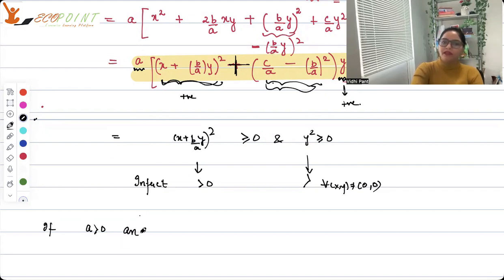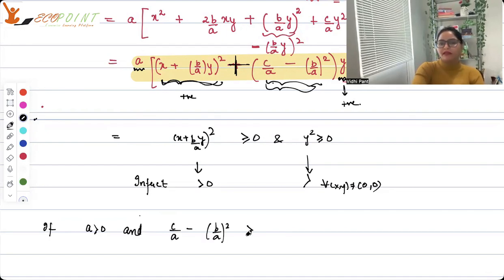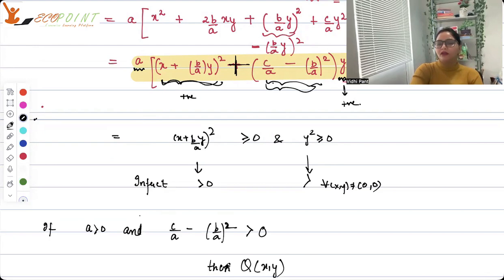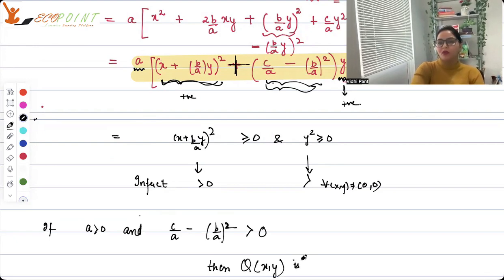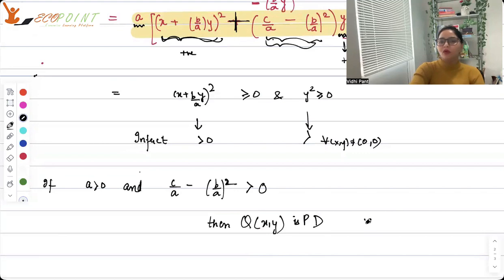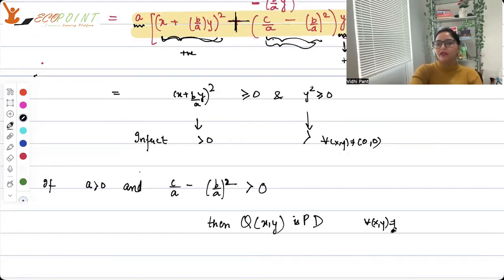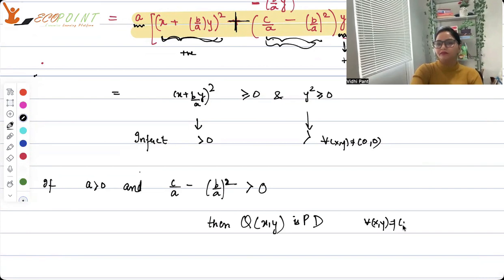So if a is strictly greater than 0 and c by a minus (b by a) square is strictly greater than 0, then automatically you will see that your Q is positive definite, and that's happening for all x, y not equal to 0, 0.